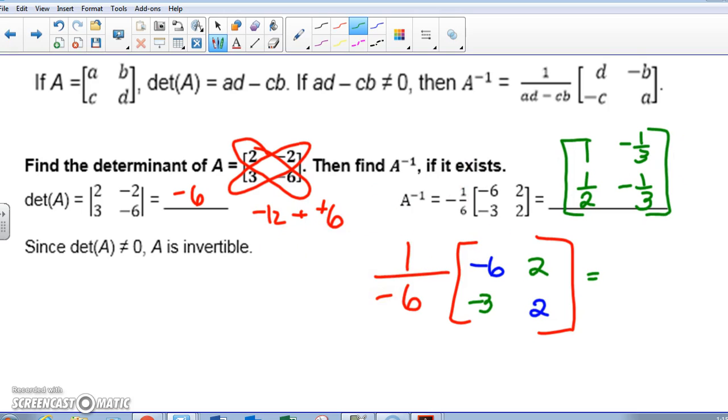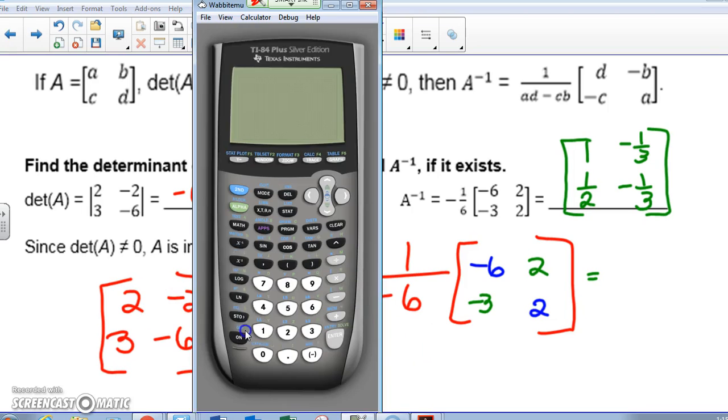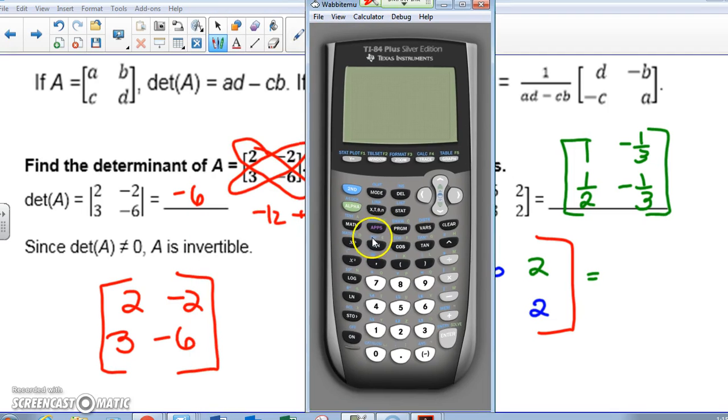I want you to type into your calculator matrix A, which was 2, negative 2, 3, negative 6. I want to teach you to do both the determinant and the inverse on the calculator. So you go into matrix and edit matrix A to be a 2 by 2.